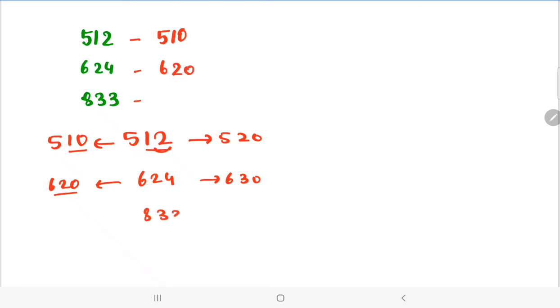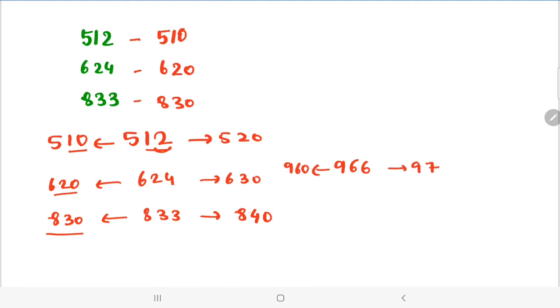Let me take one more example. 833. Is it near to 830 or 840? It is near to 830. So we are going to write 830. If I am going to take 966, is it near to 960 or 970?